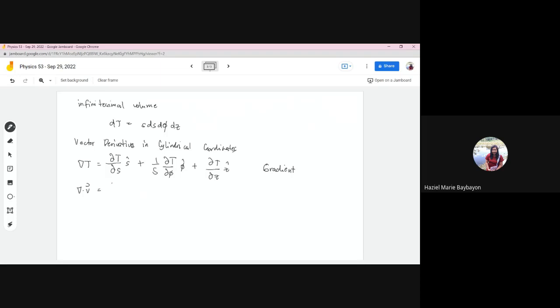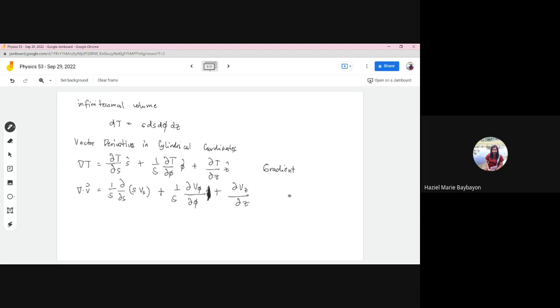This is equal to 1 over s multiplied by the partial derivative of s times v sub s, the radial component of your vector function, plus 1 over s multiplied by the partial derivative of v phi with respect to phi, without the phi hat of course, plus the partial derivative of v z with respect to z.